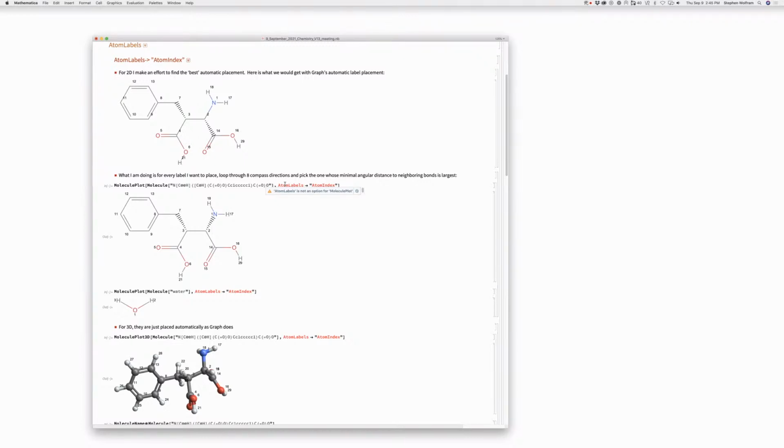So you could have something which is a very chemistry-oriented Placed. Do you see what I'm saying? I do. One example of something that isn't supported in Graph, but would be useful here, would be Placed with subscript as the second option.